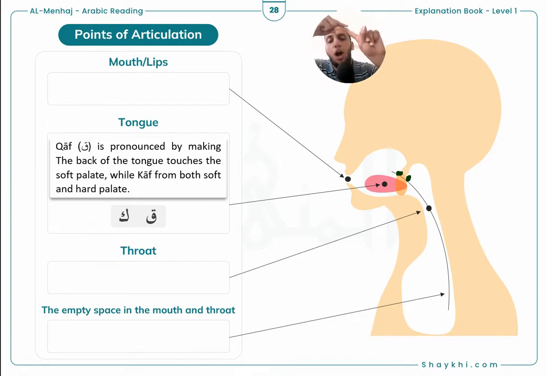The hard palate is the hard part that's opposite to the back of the tongue, but the soft palate is furthest from the mouth, and it's also opposite the back of the tongue.